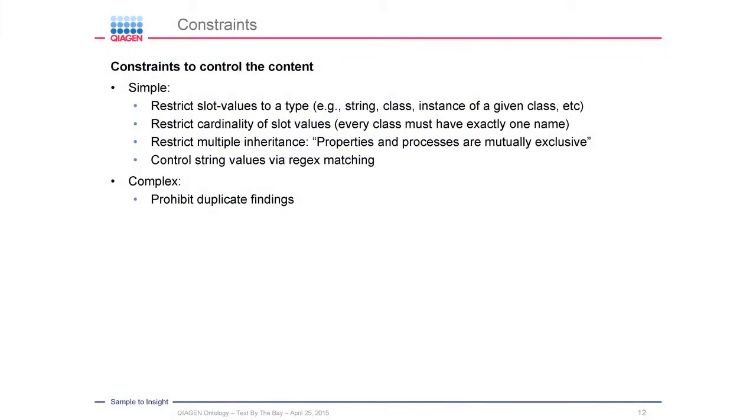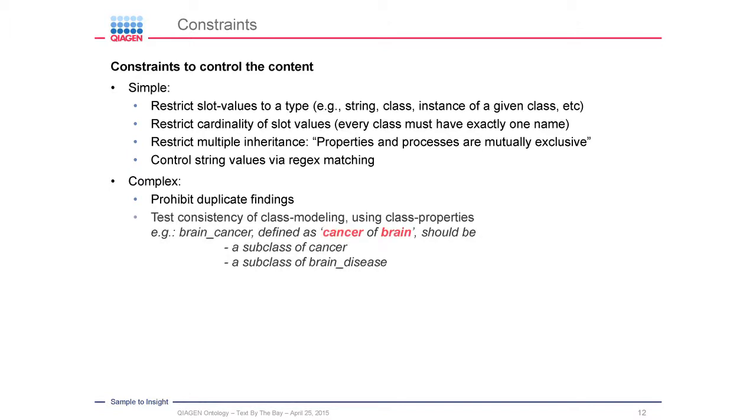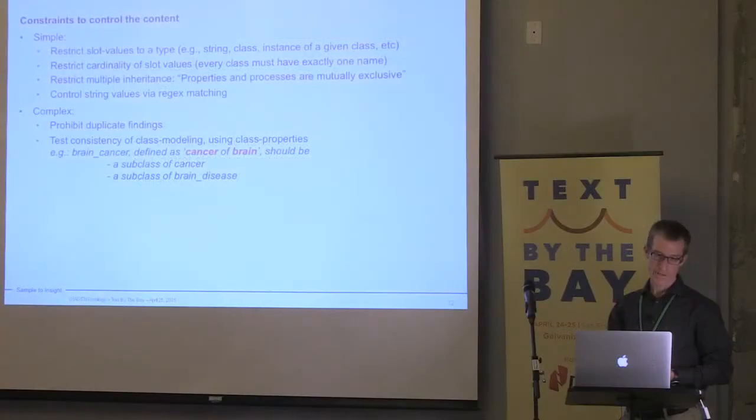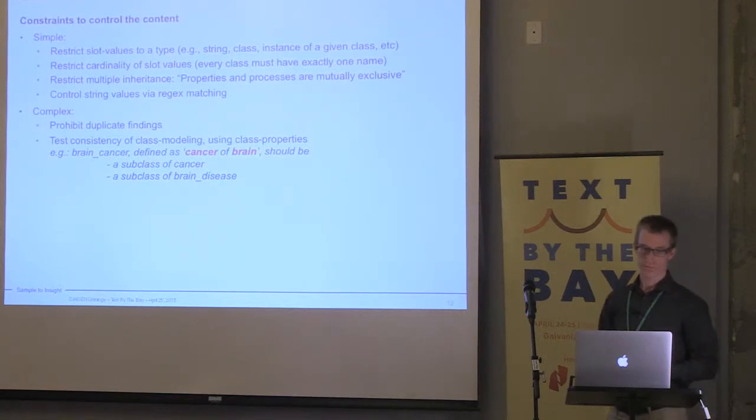At the somewhat more complex level, we can do things like prohibit duplicate findings. So if there's a finding with the same structure, we can recurse down into each finding and ensure that we don't have two findings that duplicate each other. We can test the consistency, as I've mentioned once or twice, of class modeling using properties on the classes.